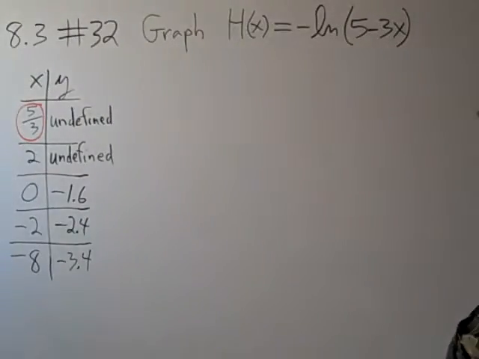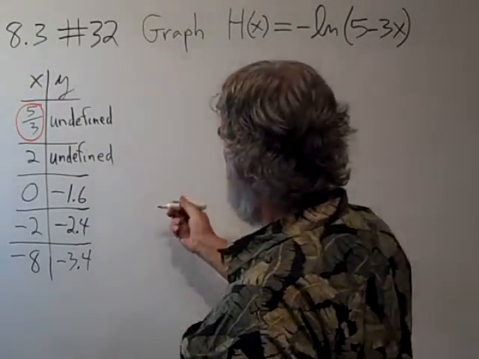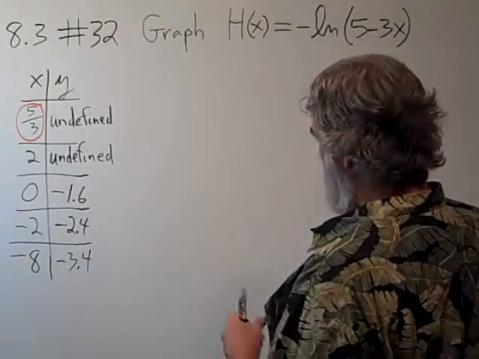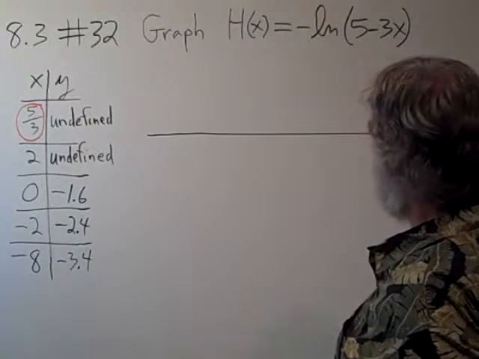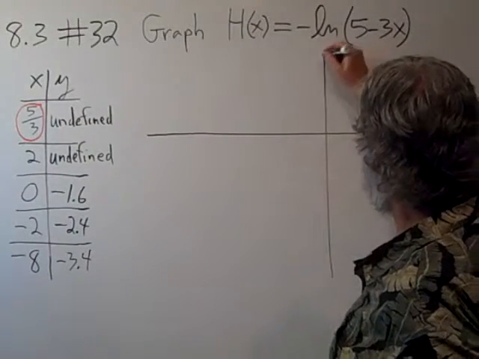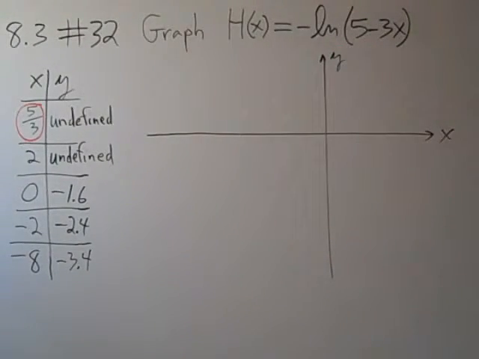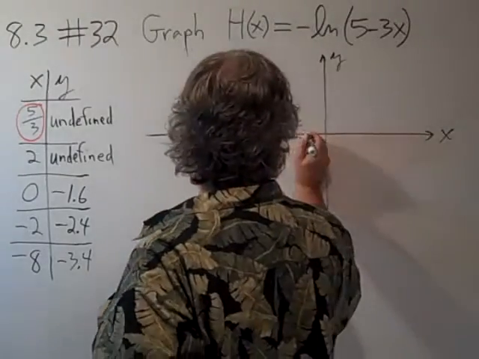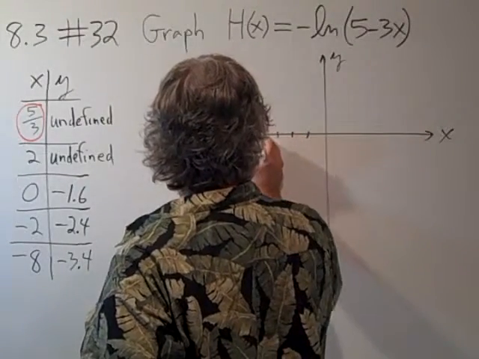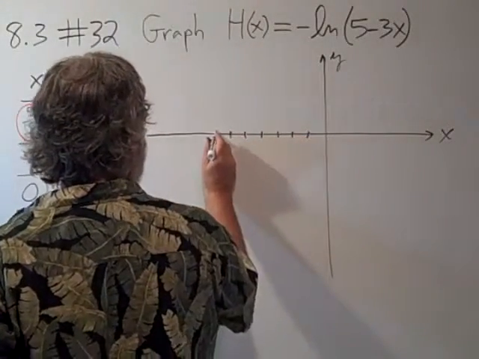So this time everything seems to mostly occur to the left and below. So let's write the x-axis here, to the left of the y-axis and below the x-axis. So here's y and x, and we do go up to 5/3. So let's go to negative 8: 1, 2, 3, 4, 5, 6, 7, 8.